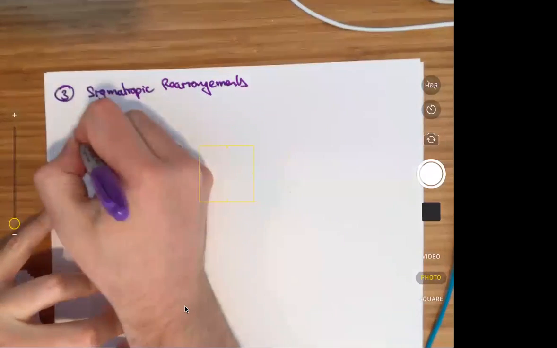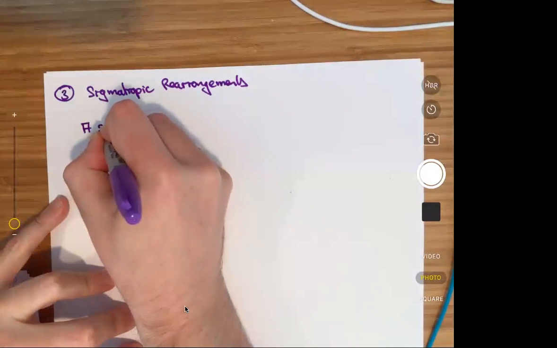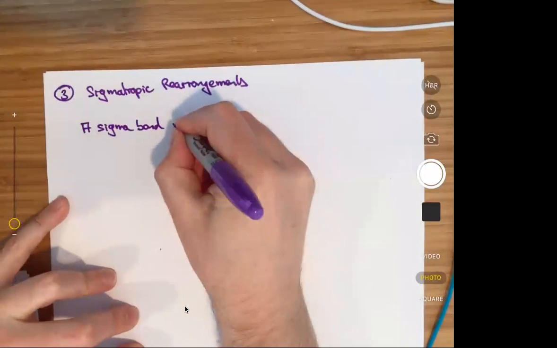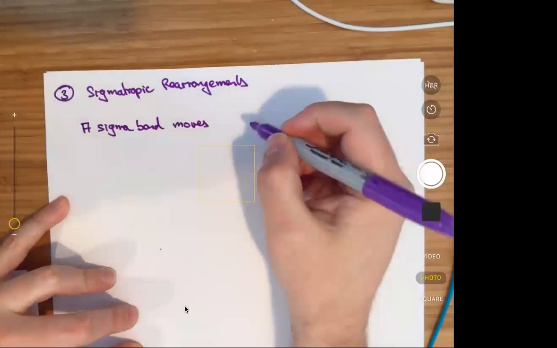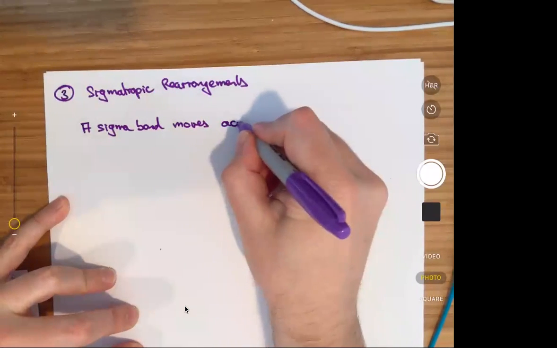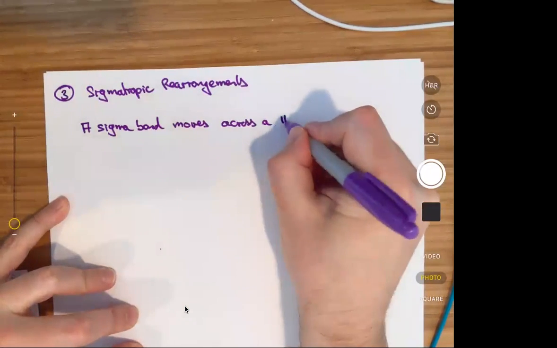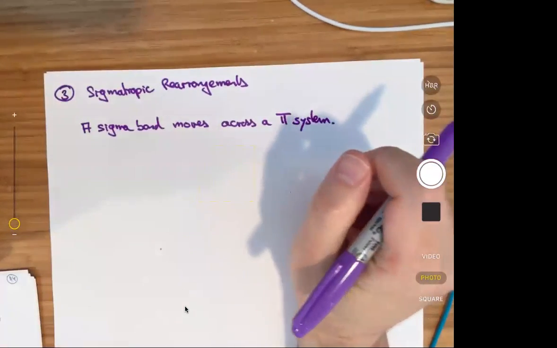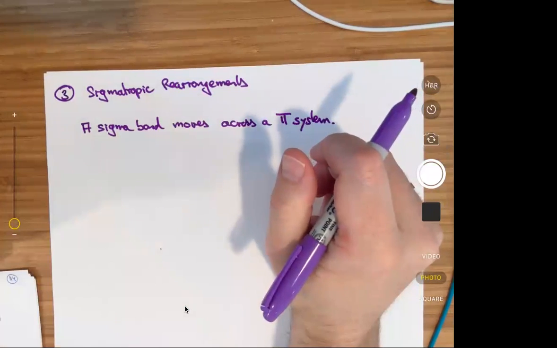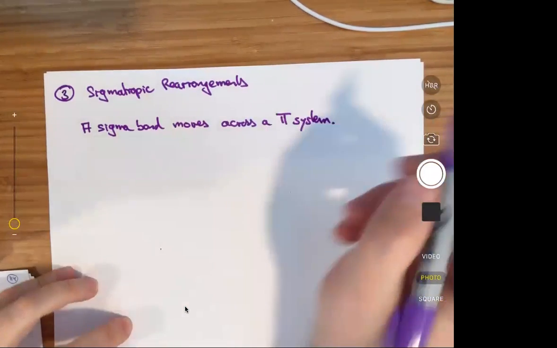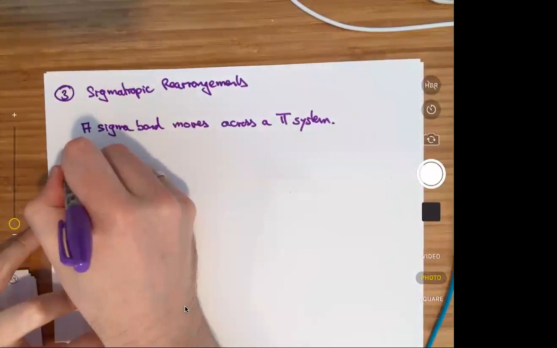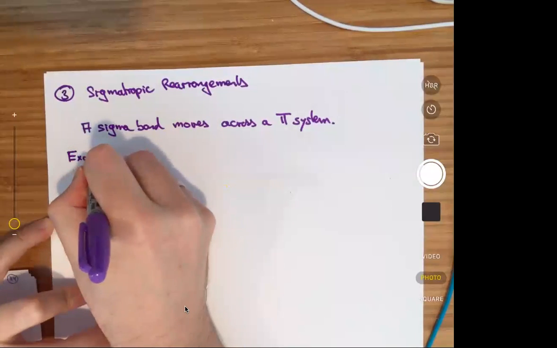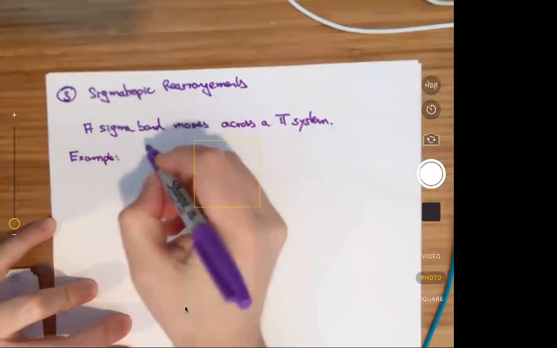So a sigma bond moves across a pi system. And the classical example of a sigmatropic rearrangement is essentially the Cope rearrangement. That's the prototypical example of this class of reactions.